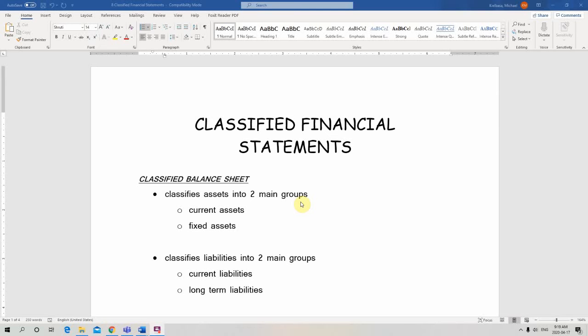Now, a classified balance sheet also classifies liabilities into two groups. One is current liabilities, and the second one is long-term liabilities. Current liabilities are liabilities that have to be paid within the year, and long-term liabilities are liabilities that don't have to be paid for over a year.